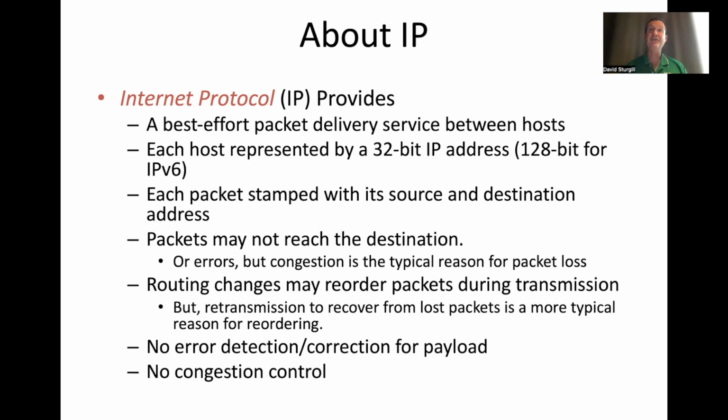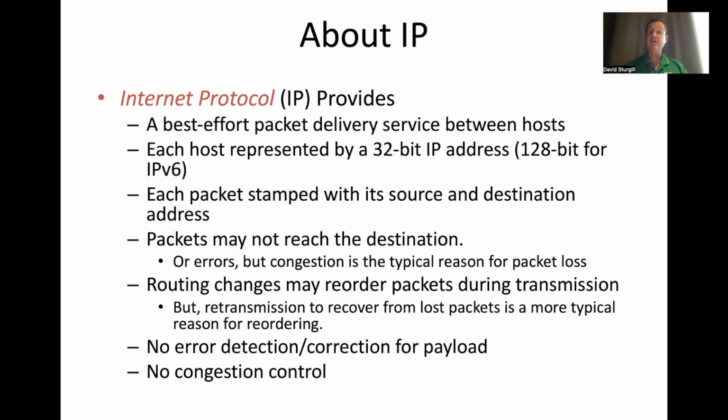And instead of giving out those addresses randomly, they're organized so that we can have a chance at routing within a network of this size. You've probably noticed all the IP addresses at NC State all start out the same way. And if you went to another university, you'd see the same kind of thing. We give out IP addresses in an organized way so that if a packet is heading somewhere in the network, you can make routing decisions about which way to send it to get it closer to the host that it's destined for.